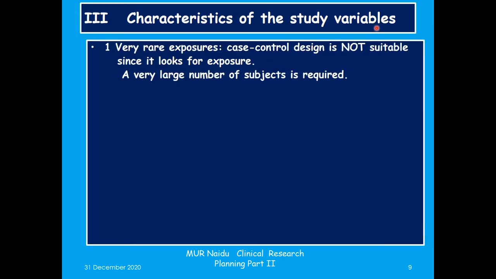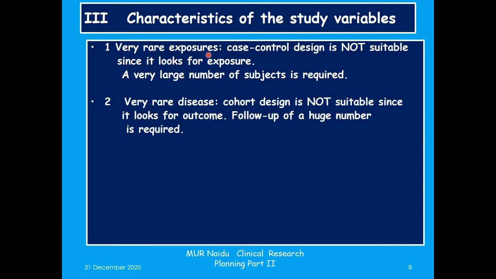Number one, if your study is related to a very rare exposure of a condition, case control design is not suitable, since it looks for the exposure, which is very difficult to record and not very predictable. Secondly, you need a large number of participants to collect the data to complete your study. So case control design is not suitable for a very rare exposure.